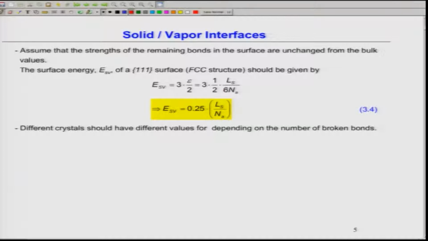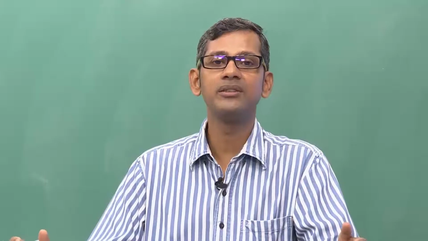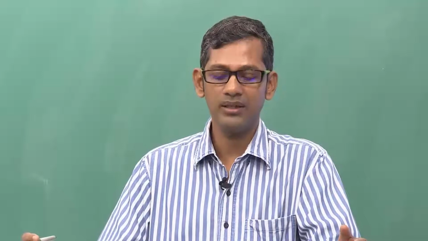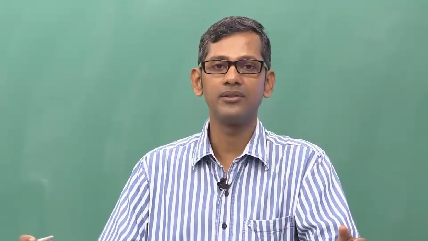That means different crystals will have different values of solid vapor surface energies, because they will have different values of Ls. This simple model allows you to calculate solid vapor interfacial energies simply by knowing the heat of sublimation. That is the important information you can take from this simple derivation.